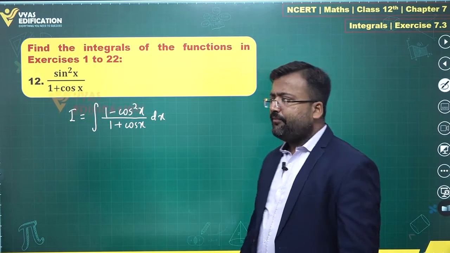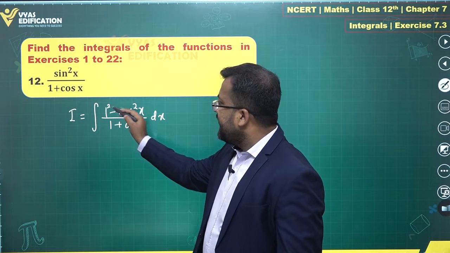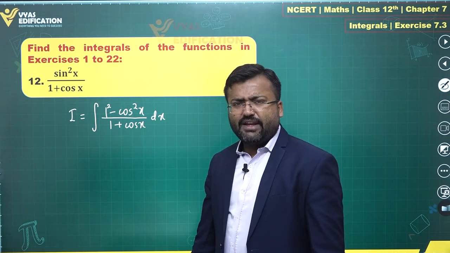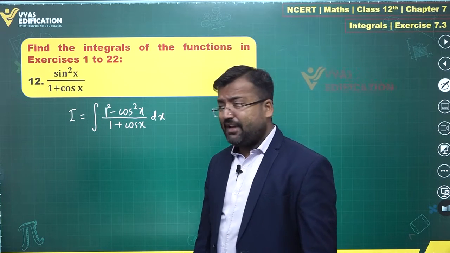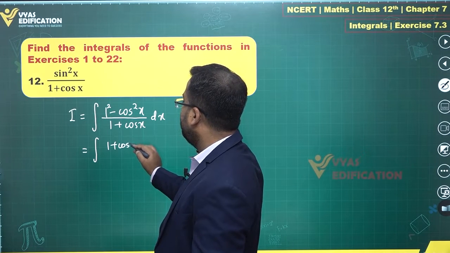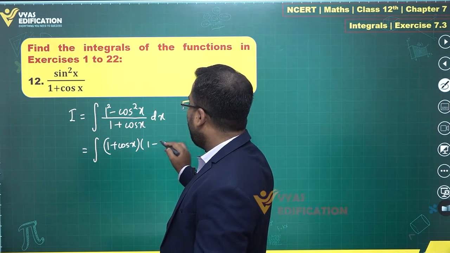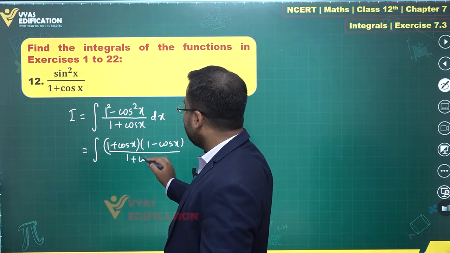Don't go anywhere there. This is 1 minus cos square x, or actually 1 square minus cos square x, right? This is a square minus b square, which can be written as a plus b times a minus b. Yes, this is the important thing. This was pretty simple.